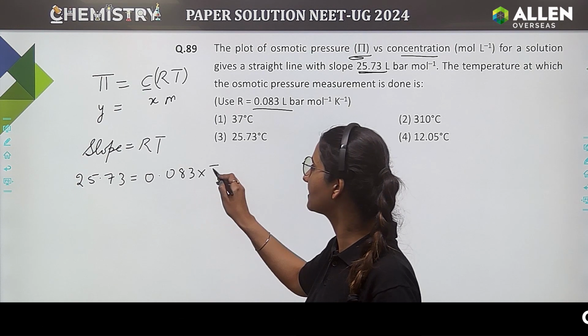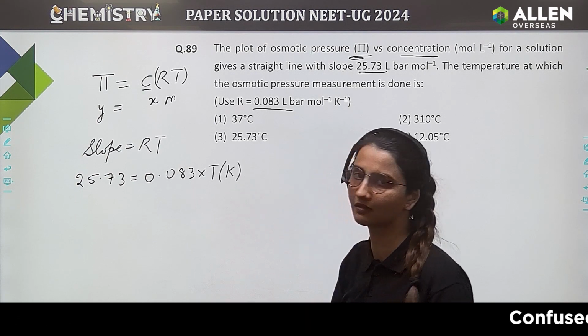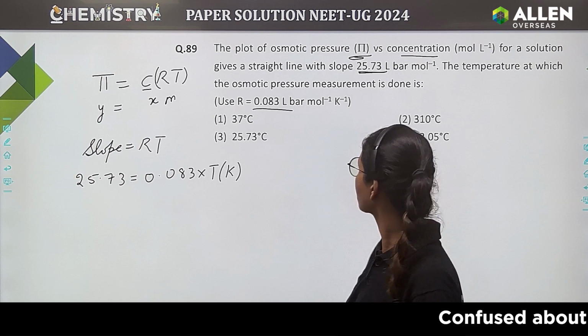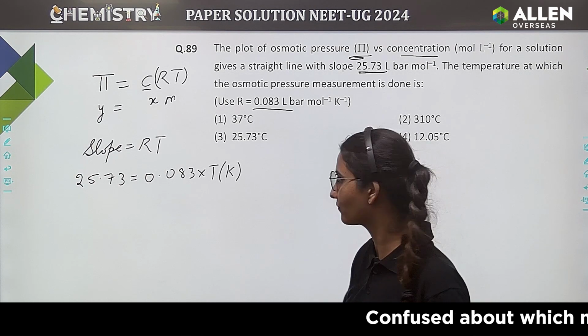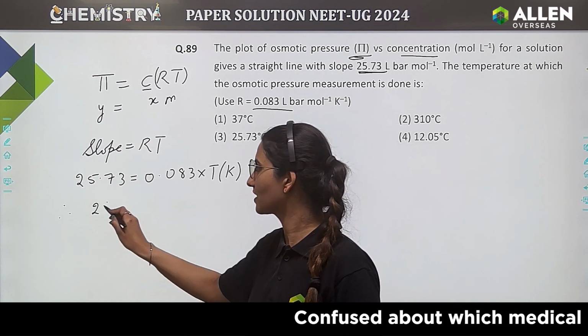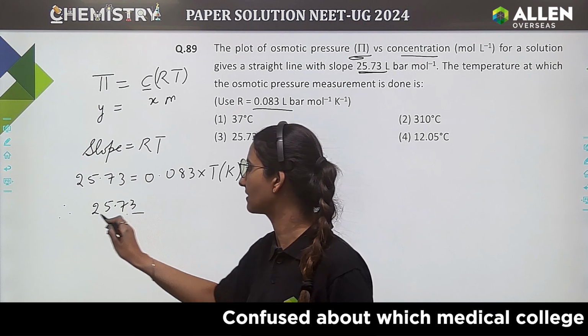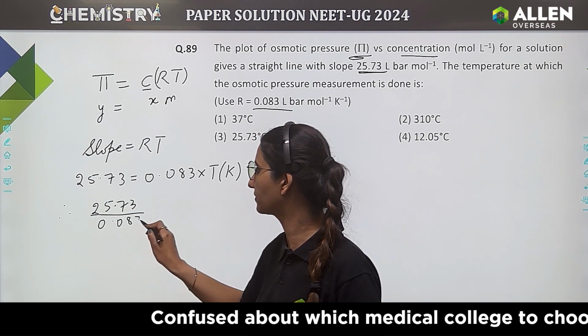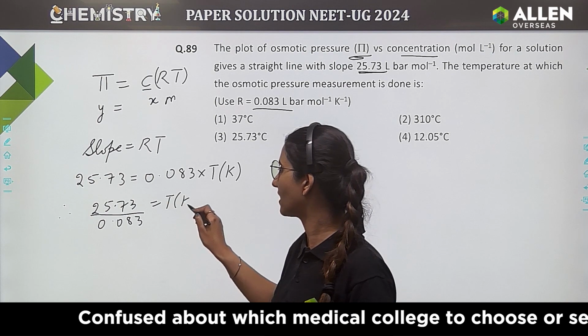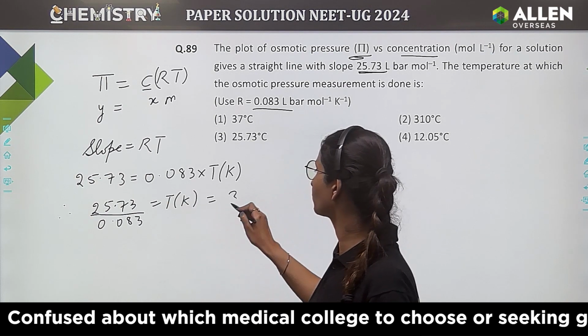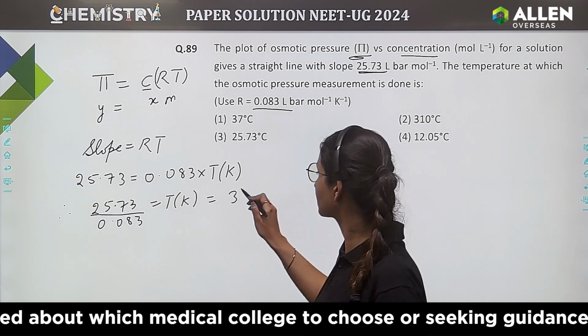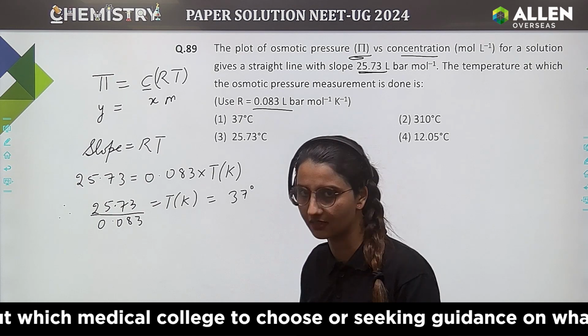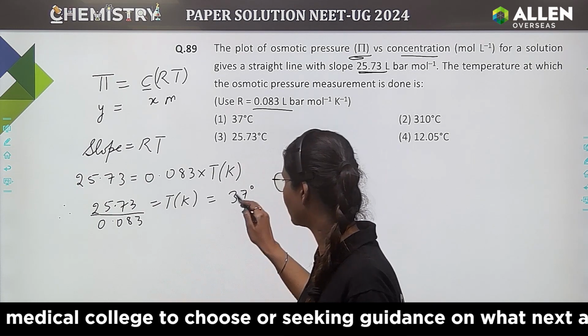0.083, and T is what? Temperature in Kelvin. So if you solve from here, 25.73 divided by 0.083, what do you get? The answer comes out to be 37 degree in Celsius. You can convert in Kelvin. Quickly you can calculate.